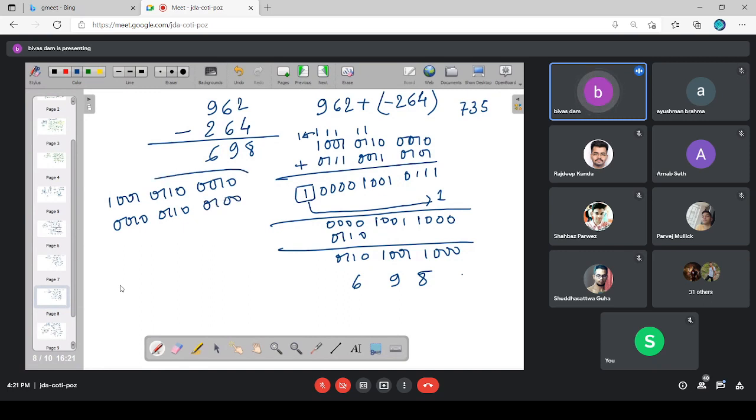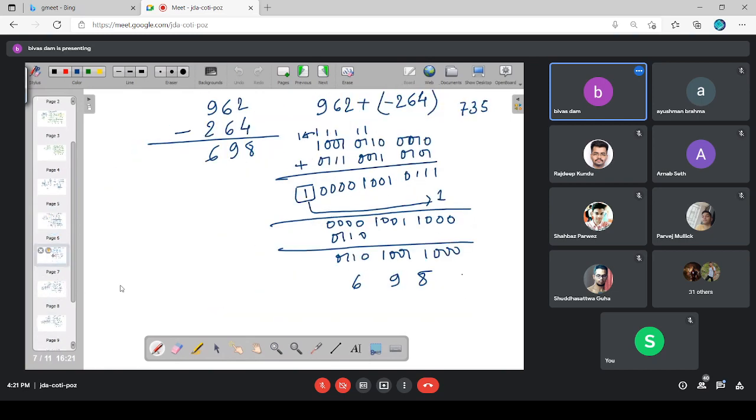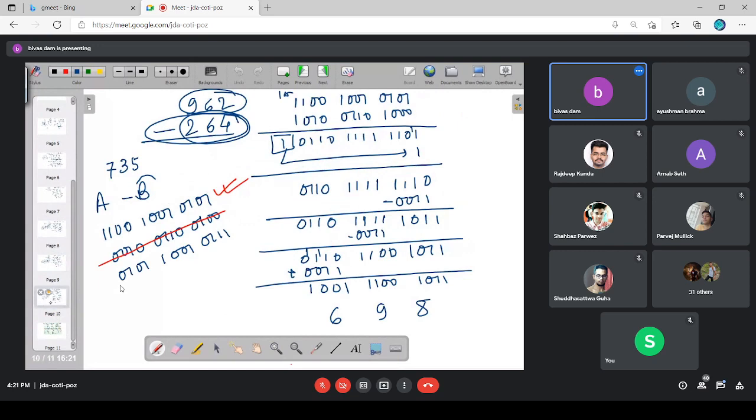So these are the two inputs. This is one input, this is the other input. Whereas here, if you go for the excess-3 BCD scheme, this is one input and this is the other input.